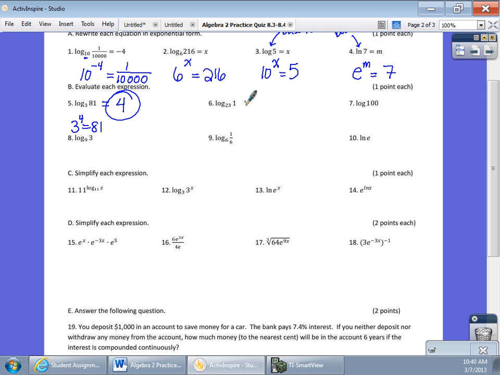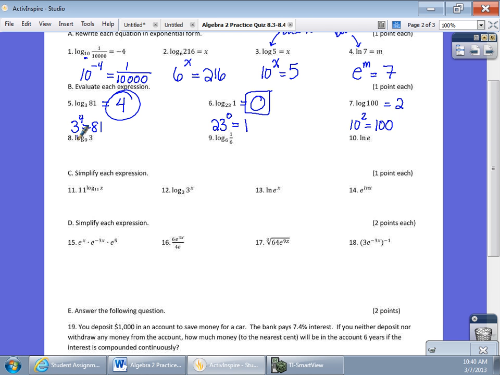Log base 23 of 1 is equal to 0, because again, 23 to the 0 power is equal to 1. This is your answer though. You don't have to write the 23 to the 0 as 1. I'm just writing that down there so you can see. Log, I don't see a base right here, so we assume it's base 10. So 10 to what power is equal to 100? That's going to be 2, because once again, 10 squared is 100.